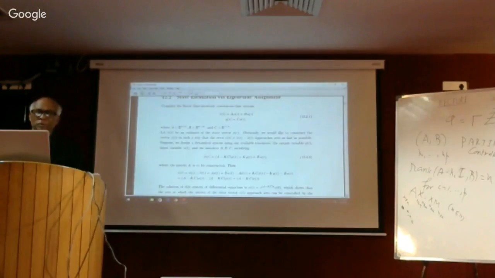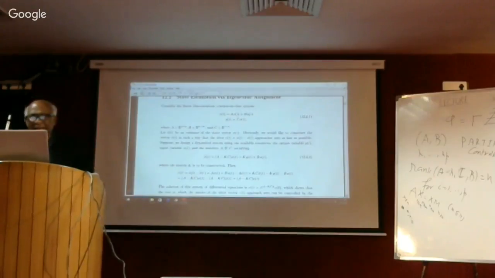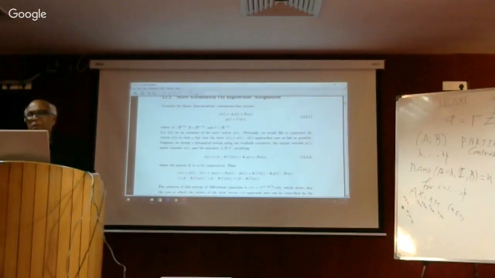C is the output matrix. So if you solve this differential equation, which is constructed out of the known resources only, then the solution x hat t is such that the error e of t will tend to 0 as t goes to infinity. That is obvious from here.